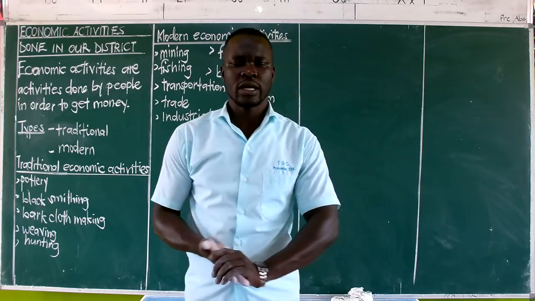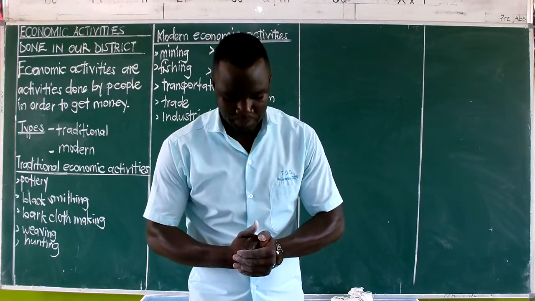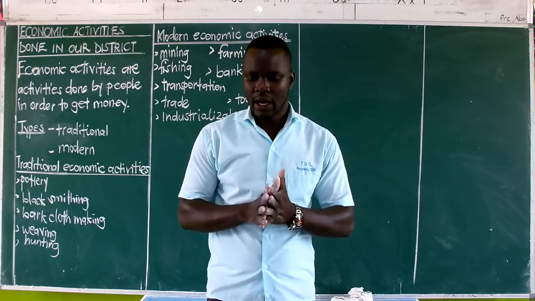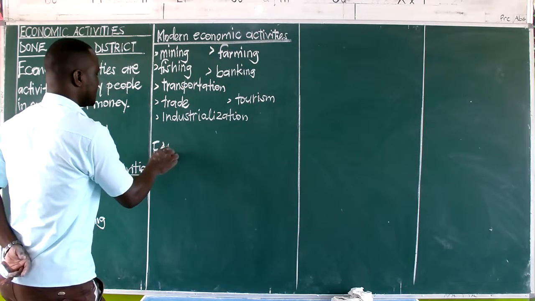We are going to the economic activity that is on page 72, that is farming. Now, farming, we are making it a subheading here.